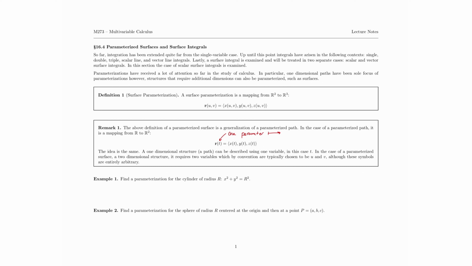So one parameter produces a one-dimensional object. Technically, we could say the word manifold, but really this is a one-dimensional thing.